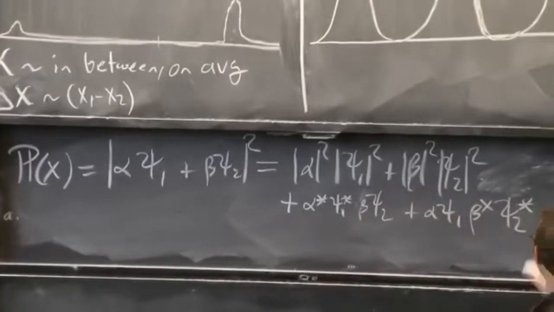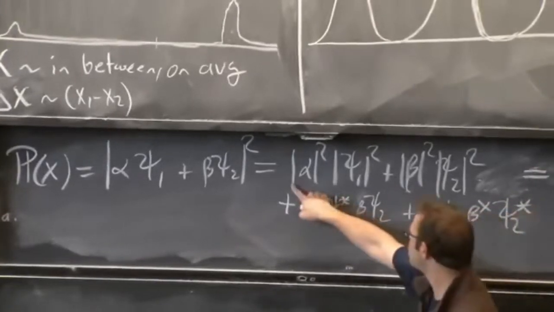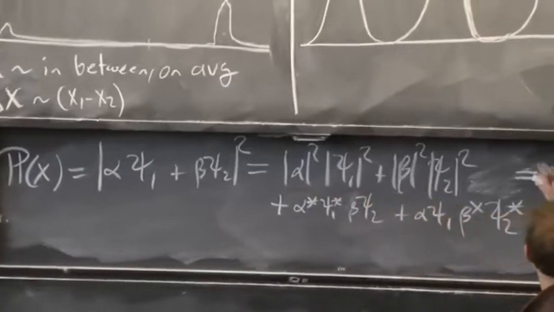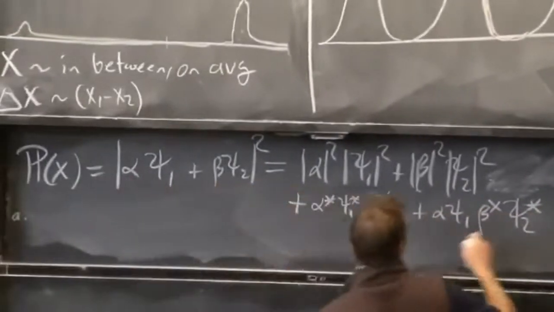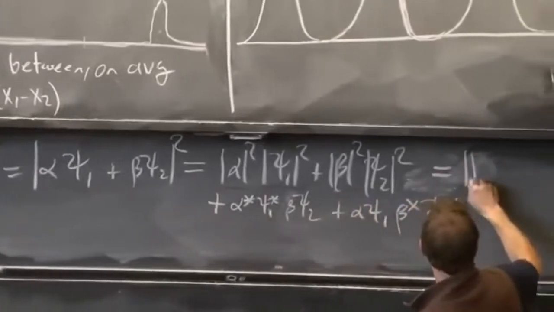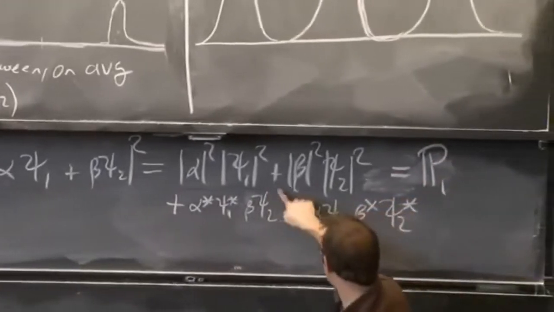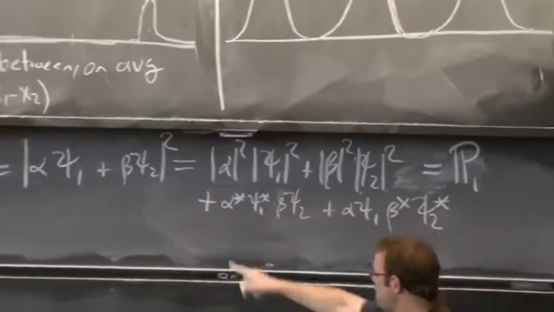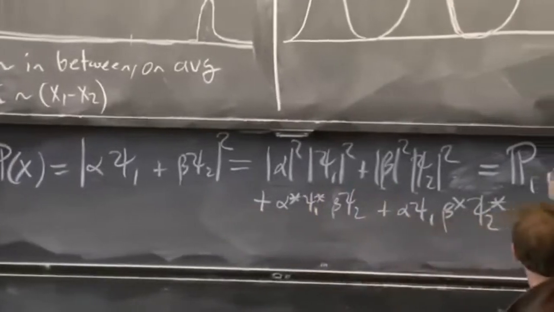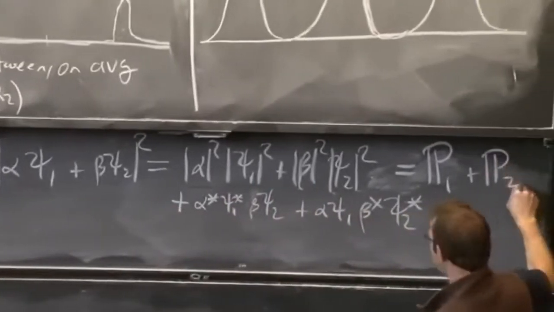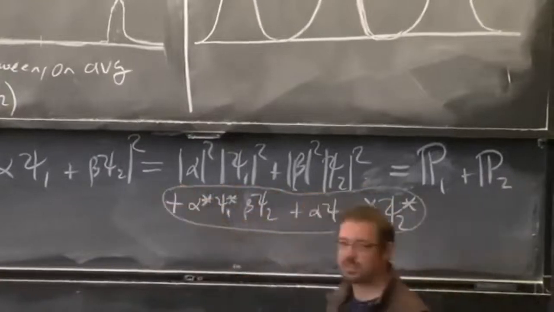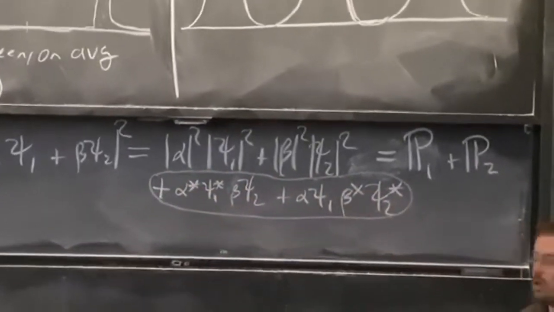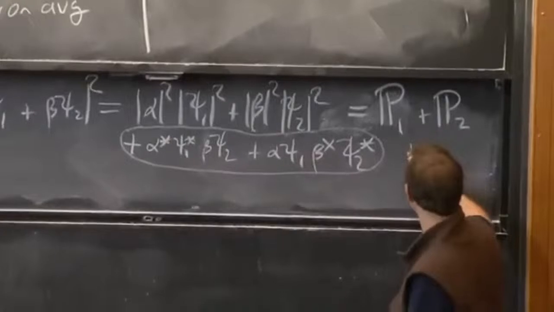But notice that the first term is alpha squared psi1 squared, which is the probability of alpha psi1. So this is equal to probability 1. This term, beta squared psi2 squared, is the probability that the second thing happens. But these terms can't be understood in terms of the probability of psi1 or the probability of psi2 alone. They're interference terms.